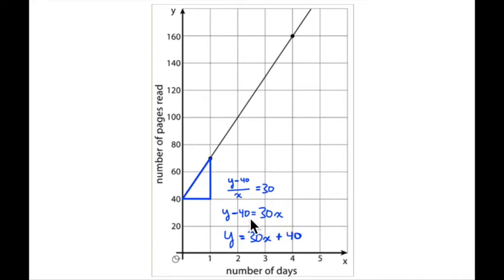And so now you have to get the y coordinate right here. To get that y coordinate, that's this point right here, for example, you have to add this 40 back. To figure out where it is, you have to add the 40 back. So y is equal to 30x. I have to add this 40 to this side. So it's going to be equal to 30x plus 40.